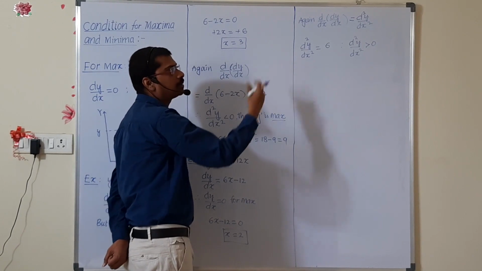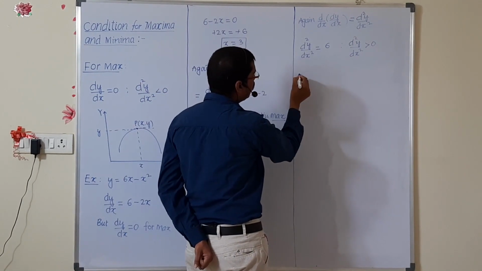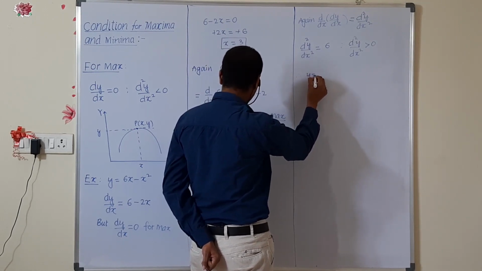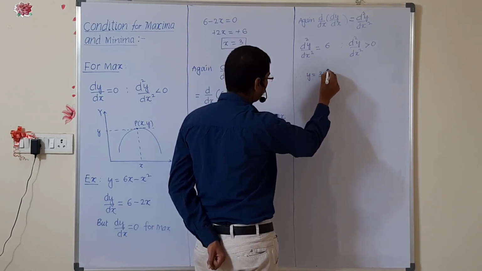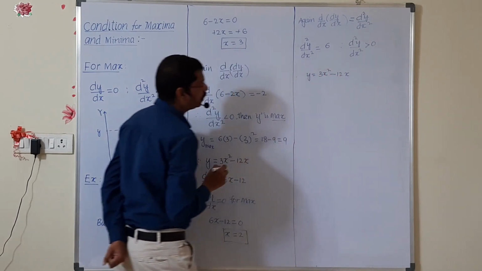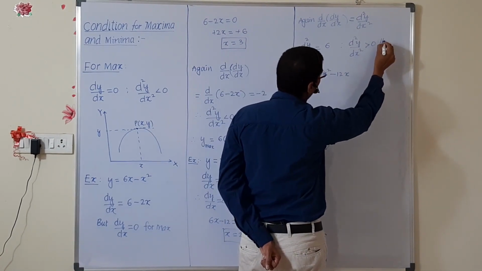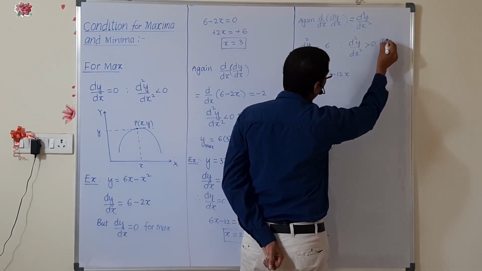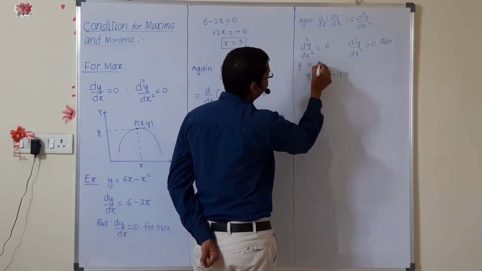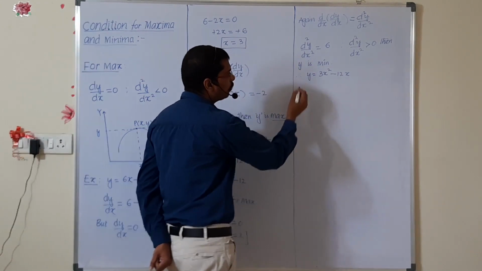Before I explain this condition, y equals 3x² minus 12x. Substitute the value; whenever d²y/dx² is greater than 0, that time y is a minimum.